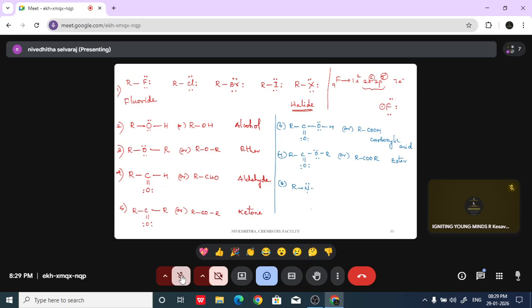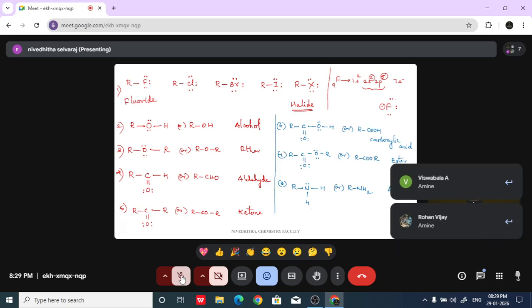Now this electron forms a chemical bond with hydrogen and this electron forms a chemical bond with hydrogen. So this is basically RNH2. What is the name, Kanna? What is the name of this functional group? Easy. It starts with A. Yes, it is amine. Very good.